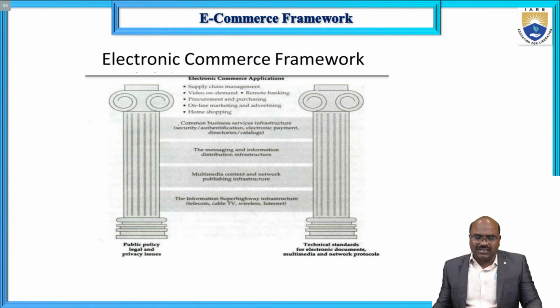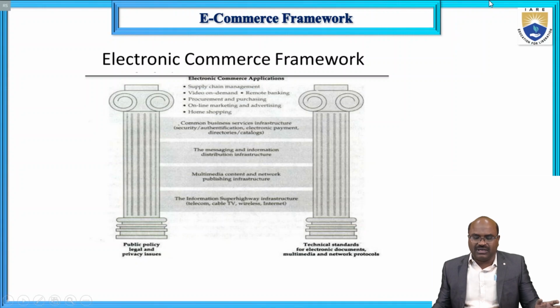Here, two pillars are there. One is public policy and legal privacy issues, and the second is technical standards for electronic documents, multimedia, and network protocols. There are many technical aspects. One is supply chain management, already discussed in the previous class, and another is home shopping, online shopping, procurement and purchase, common business services, infrastructure, security and authentication, electronic payment, directories and catalogs.